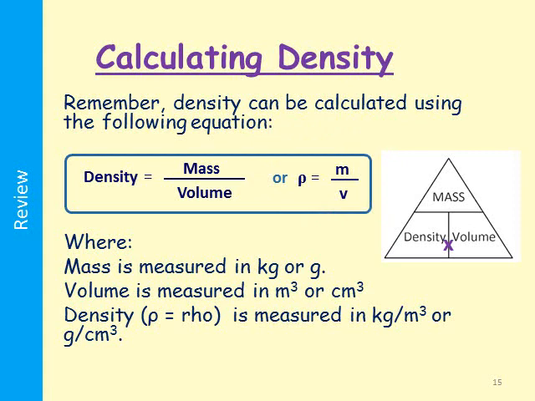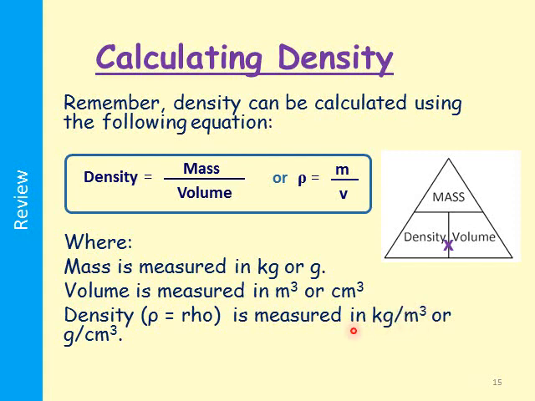Units are also important to get correct. Your standard unit for mass is kilograms, and for volume is cubic meters, but we've been using small objects, so the mass is grams or cubic centimeters. The unit of density is your mass divided by the volume.